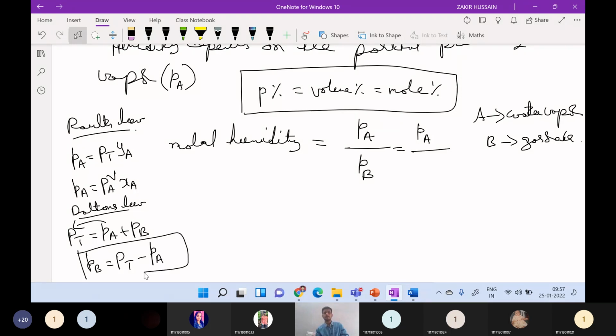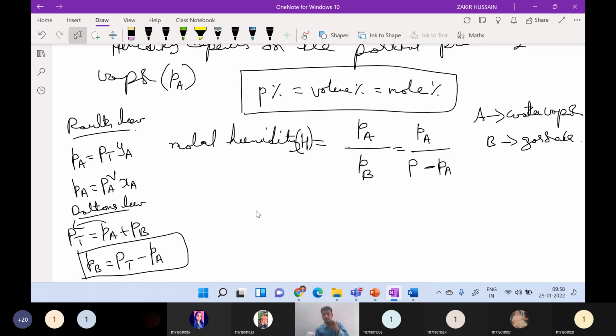Total pressure minus the partial pressure of the other component, that is vapor. Taking total pressure as P, P minus PA is the partial pressure of gas or air. So this is molar humidity, denoted by H.